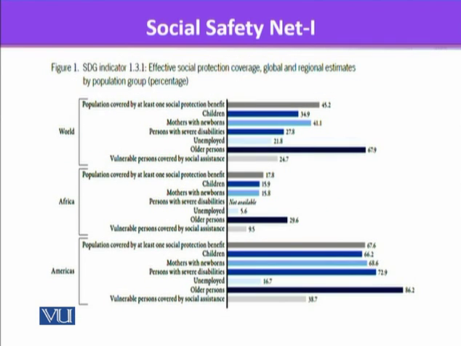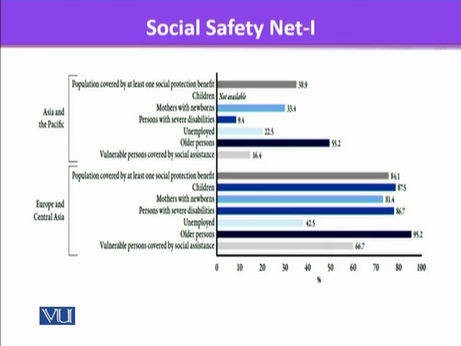If you look at this slide, it tells you how different regions of the world compare as far as different types of social protection are concerned. If you look at the older persons, as far as the world is concerned, 68% have benefits. But in Africa, only 30% have these benefits. In case of Americas, 86% have these benefits. And in case of Asia and Pacific, 55% have these benefits.